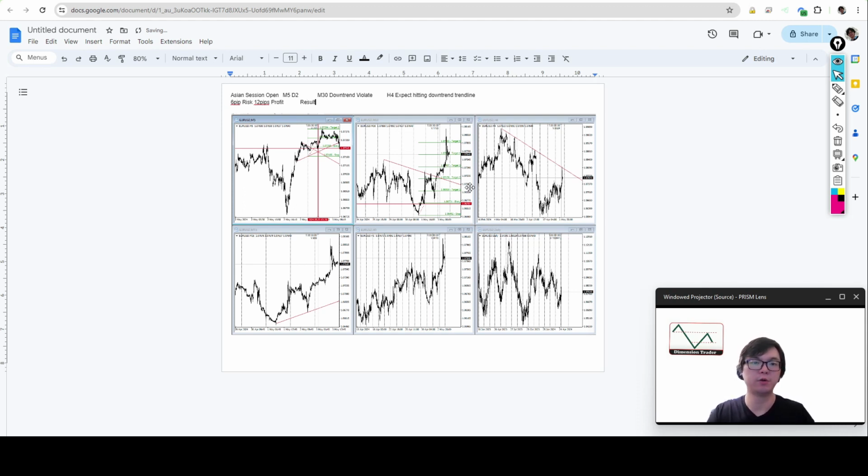And with this backtesting result, this is a win. This is just a quick note. We are doing the backtesting.